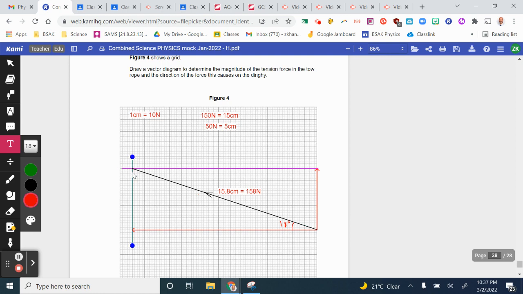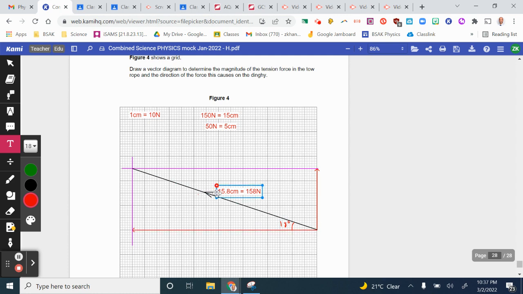And where those two parallel lines cross, that is the point where the resultant force acts, i.e. the tension. So we draw a line from the object, which was here in this position, to where the lines intersect, and that gives me the resultant force, the tension on that particular rope.